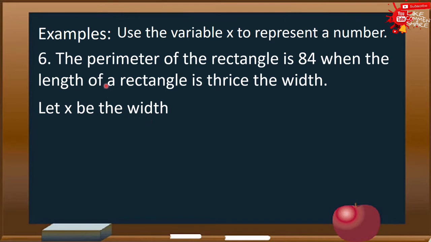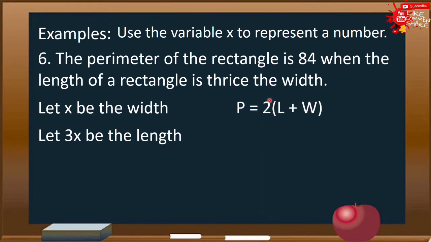And then, since it is stated in our verbal sentence that the length is thrice the width, let 3x be the length. Since x is the width and length is thrice the width, we will have the translation as 3x. And then, since we are talking about the perimeter of a rectangle, we need the formula in finding the perimeter of the rectangle, wherein we have P is equal to 2 times the sum of L and W, or length and width.